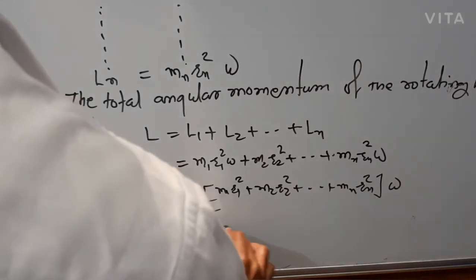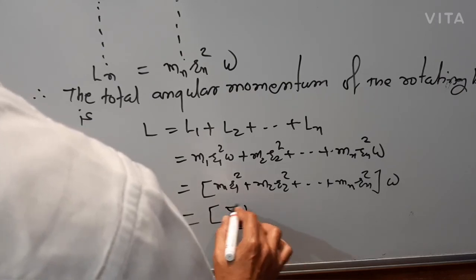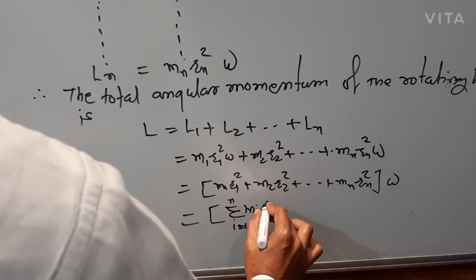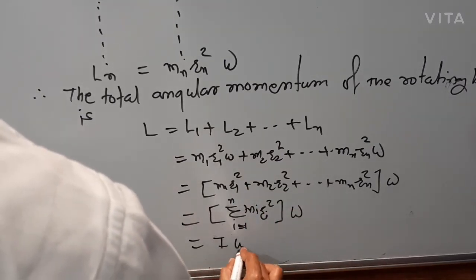The compact form is the sum over i from 1 to n of Mi Ri square, into omega.